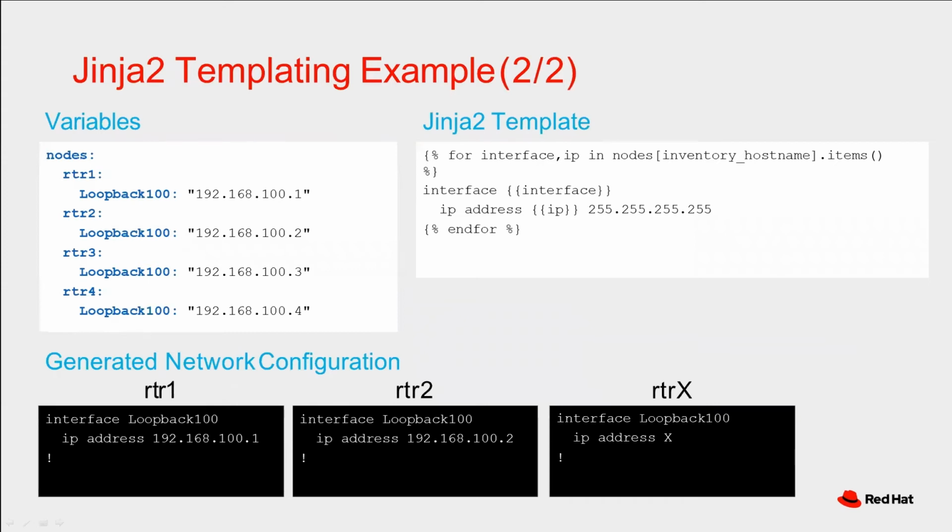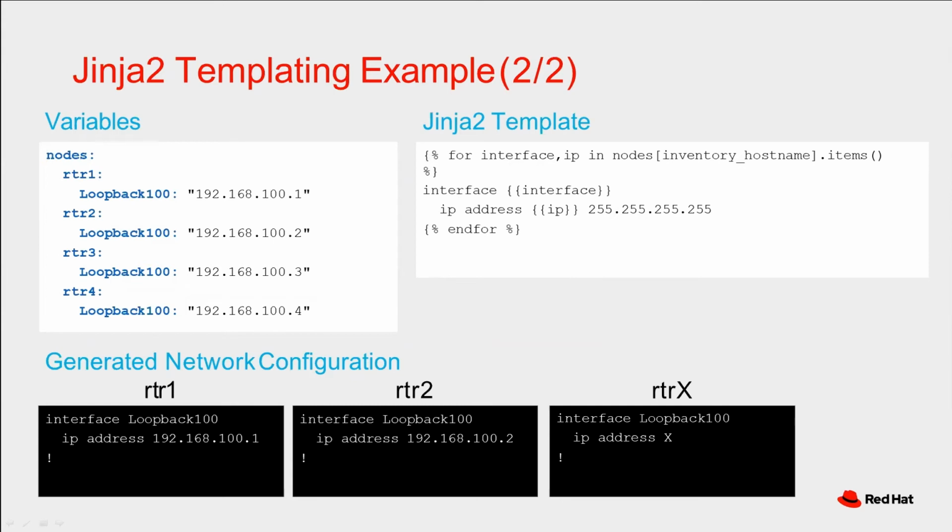And so here's the template code itself. This will be discussed in more detail in the exercise, and I won't bore you by reading all of it to you. But these brackets with the percent sign, those are the opening and closing indicators for Jinja code. And then the interface and IP address down below that, those are the static parts of the configuration that we can put into the template.